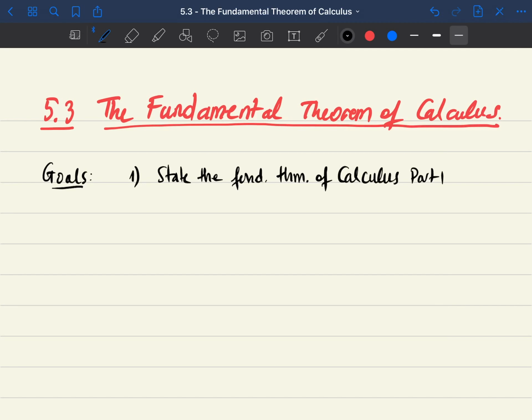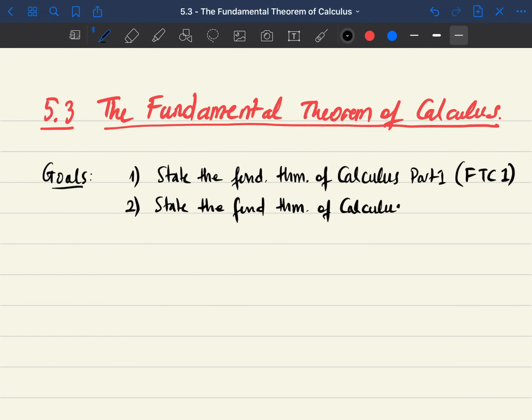Sometimes we'll just say FTC1, it's just shorter. And then there's a second part to this theorem. So we're going to state the fundamental theorem of calculus, part 2. And we also call this FTC2 for short.